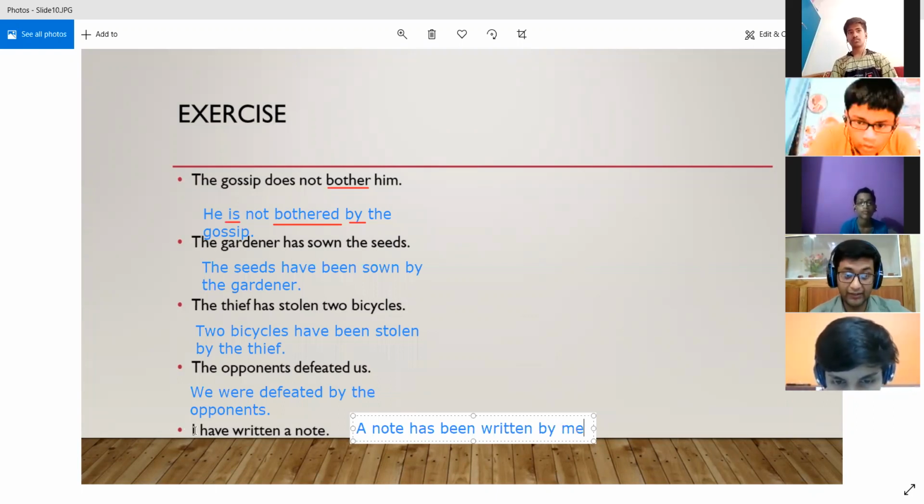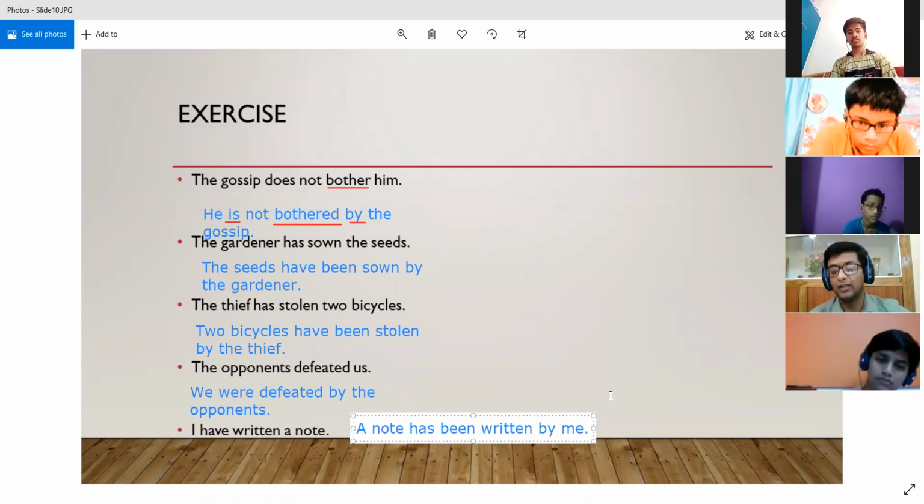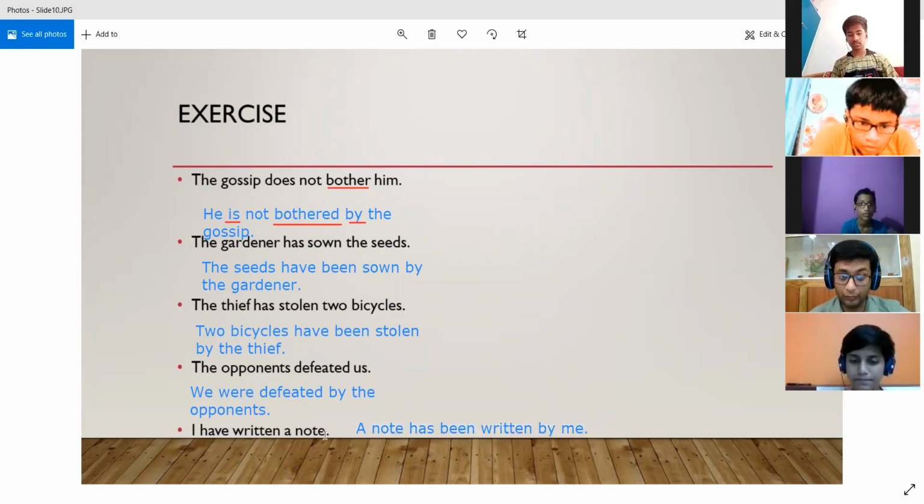Since now I is going into the place of the object, me is the objective form of I. So here we are going to use me. So a note has been written by me. If there were many notes, then it would have been notes have been written by me. But since over here it is only a note, that is why a note has been written by me.